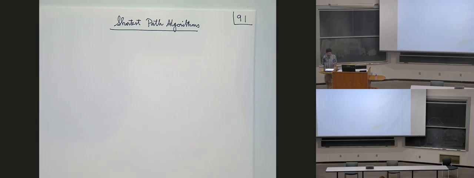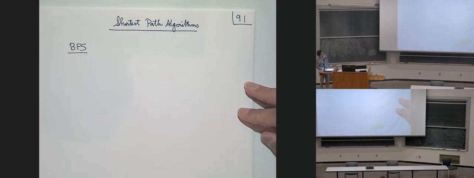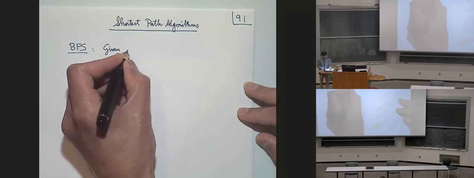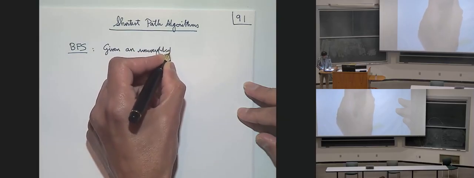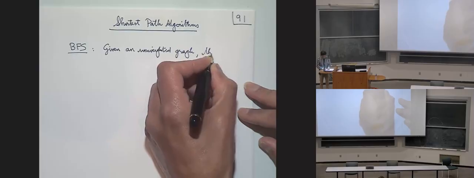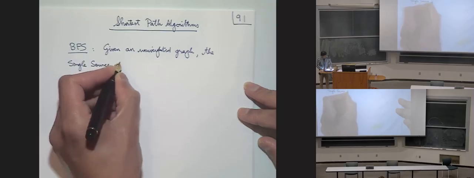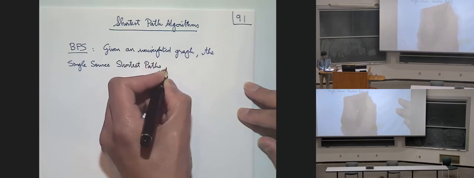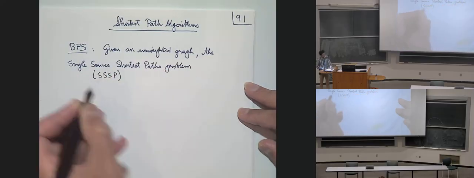So we've already seen one shortest path algorithm. We've seen BFS. And so what BFS says is, given an unweighted graph, the single source shortest paths problem, and this is called SSSP, that is single source shortest path.